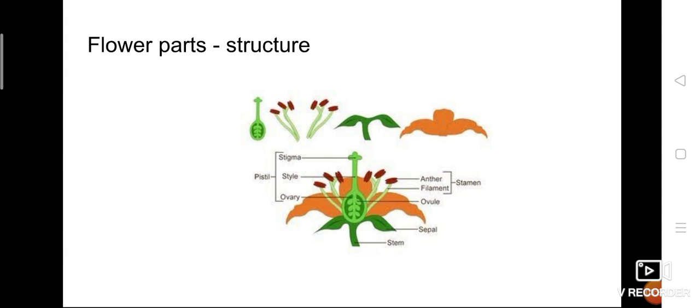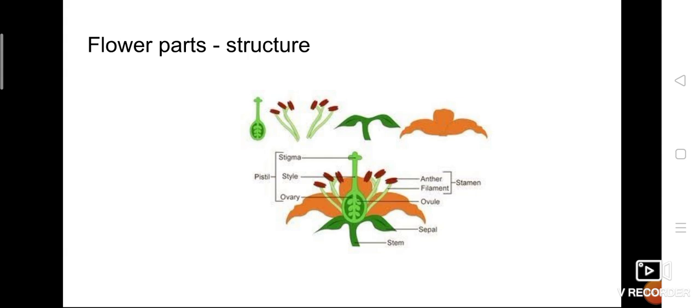Below the petals, can you see the green leaf-like structure? That is called the sepals. Sepals are leaf-like structures present outside the petals. If you have ever observed a bud on a tree, in the bud condition we can't see the petals, that is the color of the flower, because the sepals cover the petals.